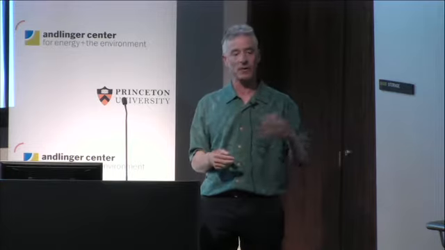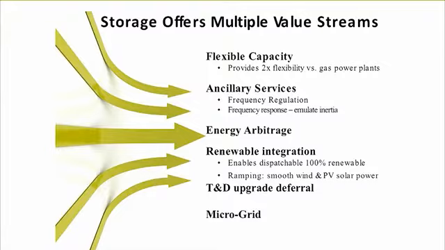So I spoke about energy arbitrage. Of course, renewable integration. If one is to execute fully dispatchable power with a renewable resource, one way is to co-locate energy storage with that resource. And ramping or smoothing the output of wind, in case of inaccuracy in forecasting, is also possible.